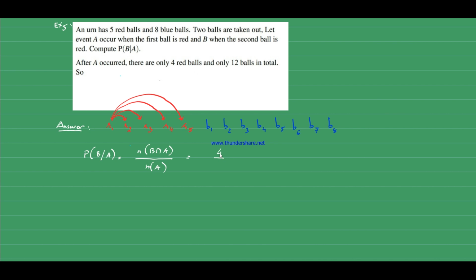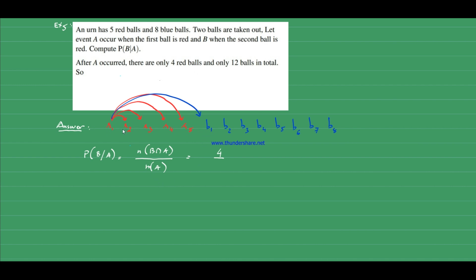Now we calculate the cardinality of set A, which is the first ball being red. The second ball can be blue. If the second ball can be blue and the first ball is red, it means you have four of them already, and then it could be something like this: the first ball is red and the second ball is blue.